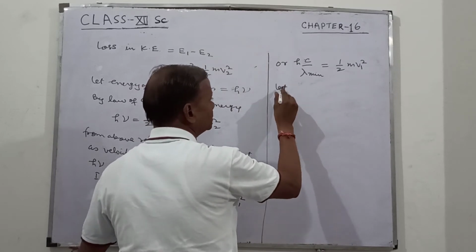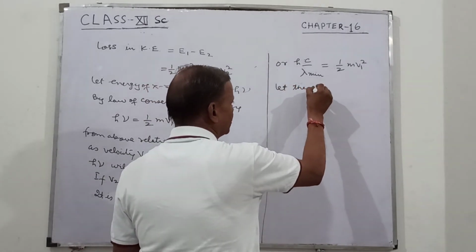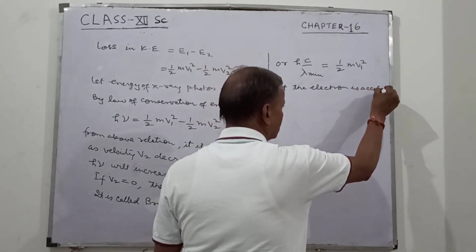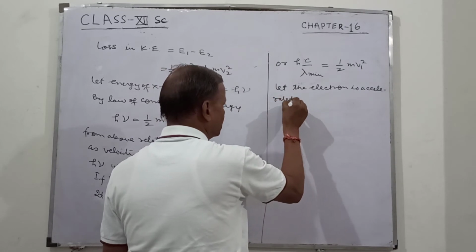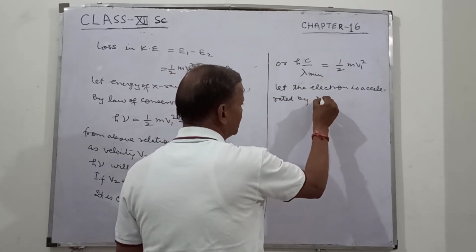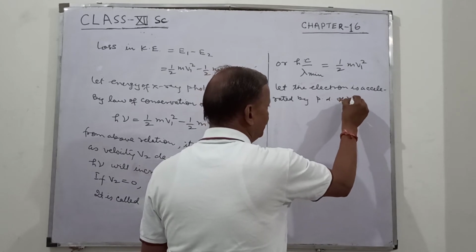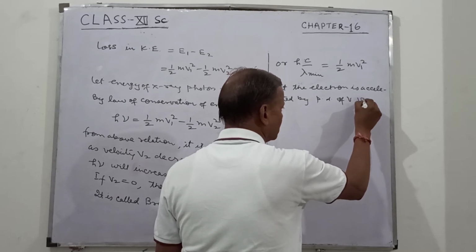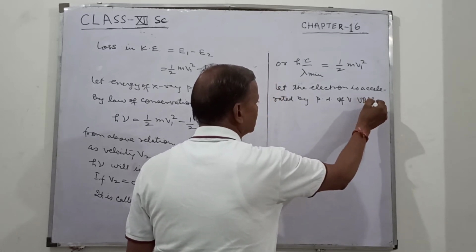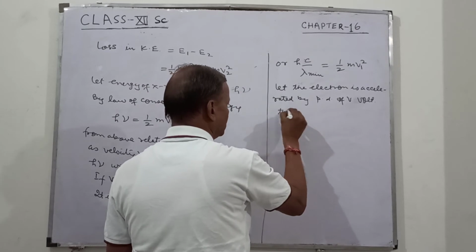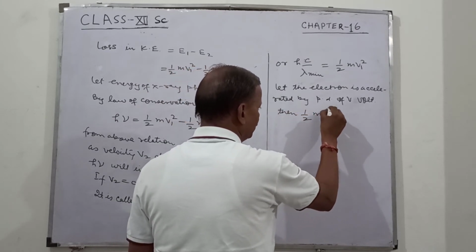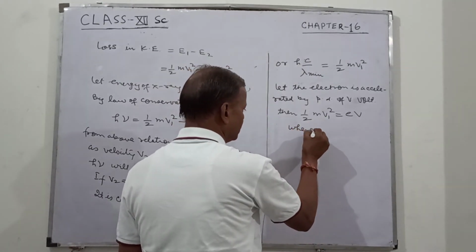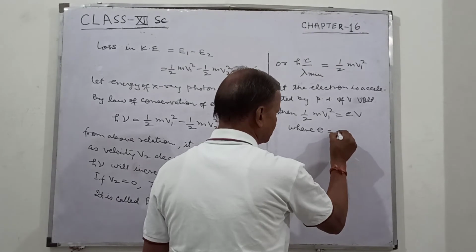Let the electron be accelerated by a potential difference of V volt, then half m v1 square is equal to eV, where e is the electron charge.